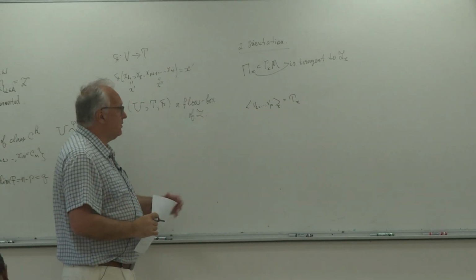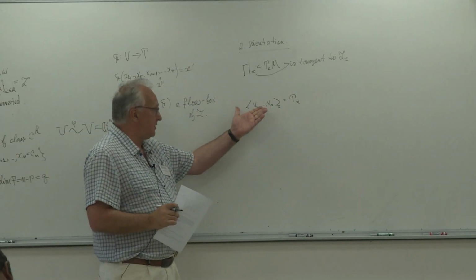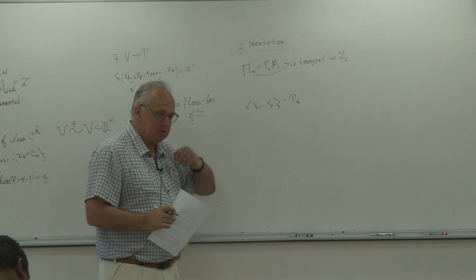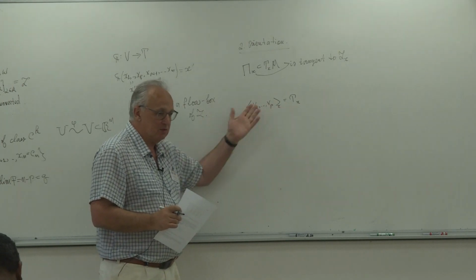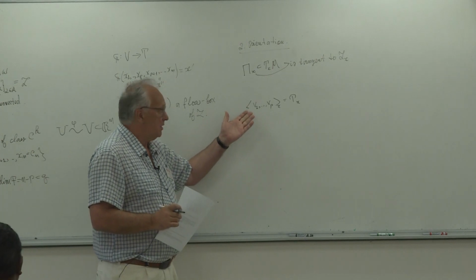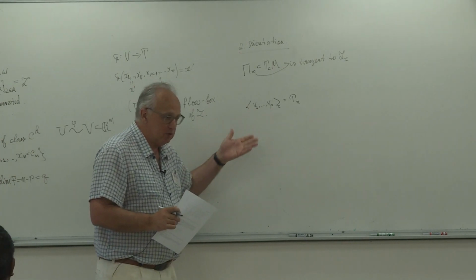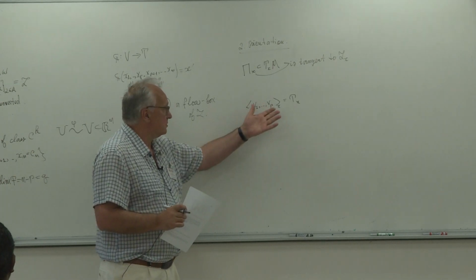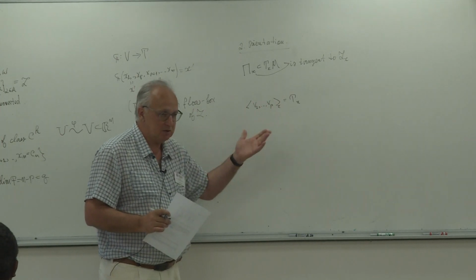And this defines an orientation. It's a basis of P_x, so it defines an orientation. And then if you are in a neighborhood of this point, this orientation is continuous.